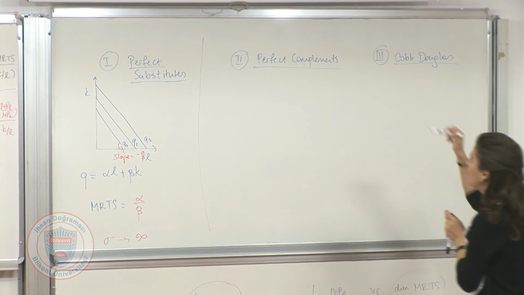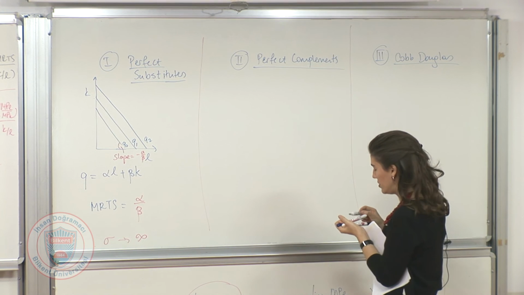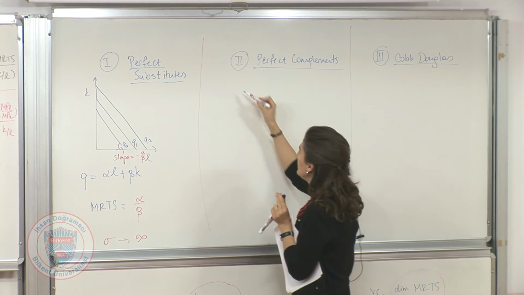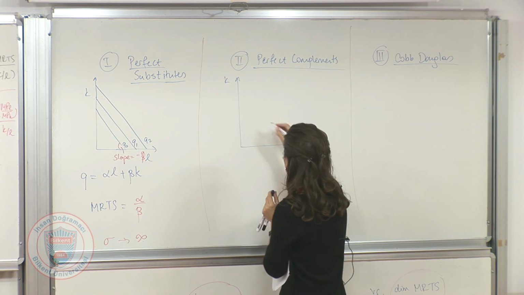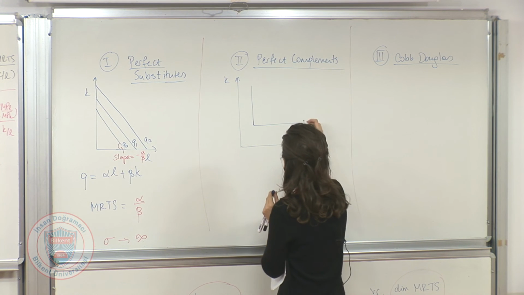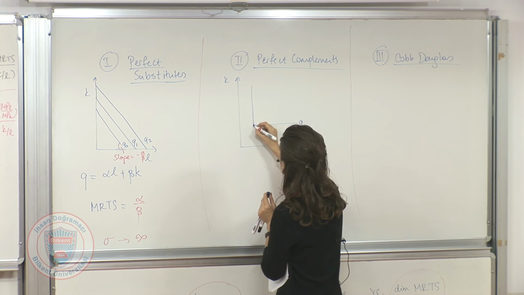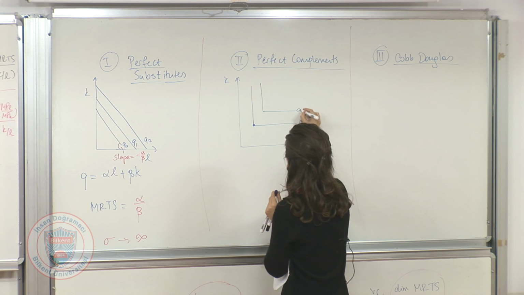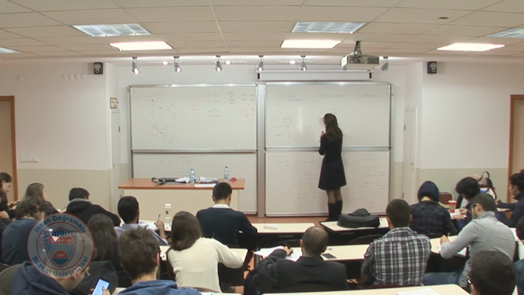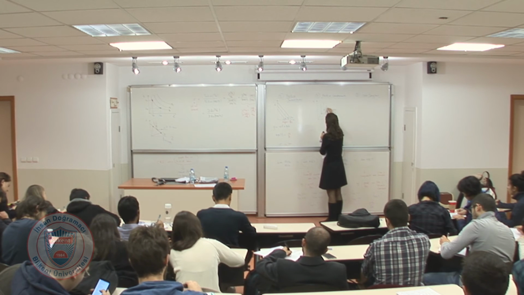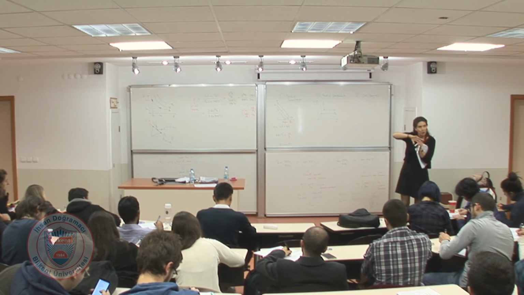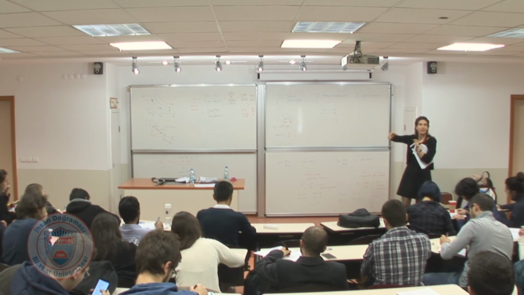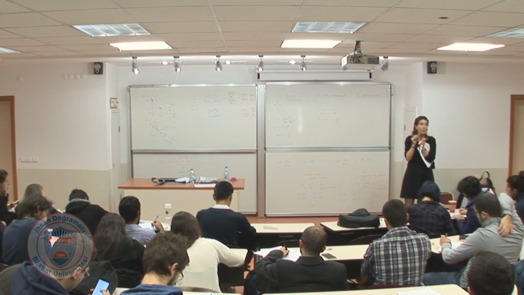So now what about perfect complements? Let's try to see in this case. This is K over L, and the perfect complements I was writing like this, Q0, Q1, whatever. These were inputs or goods in consumer theory that you need to use in some fixed proportions, right?